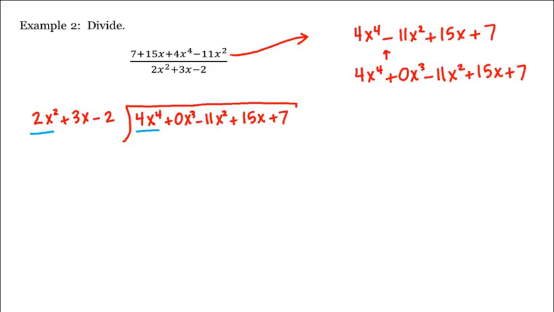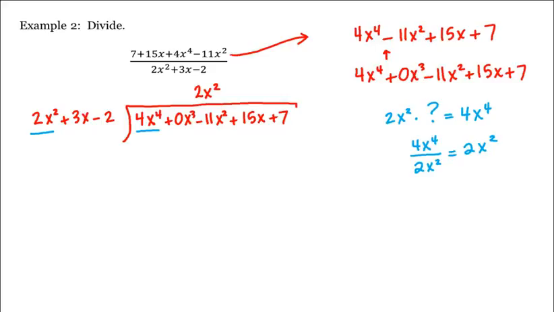So we're going to ask ourselves, 2x squared times what is equal to 4x to the fourth? And isn't that 2x squared? Because 4x to the fourth divided by 2x squared is equal to 2x squared. So that will be the first term in our quotient up here. So we have 2x squared.